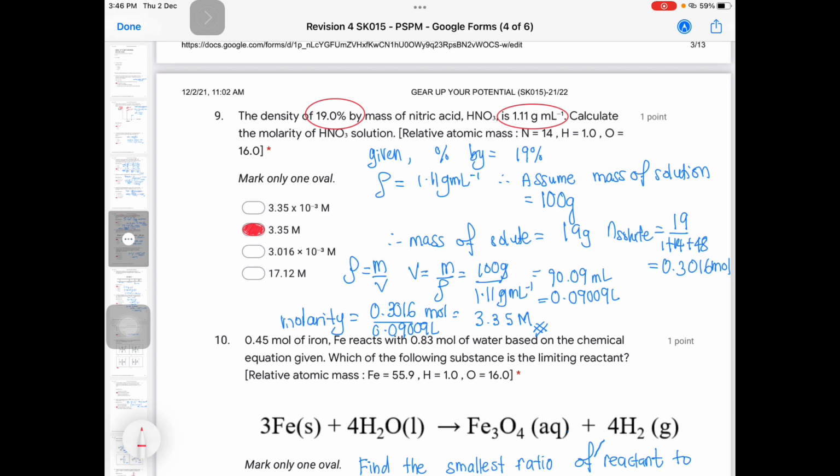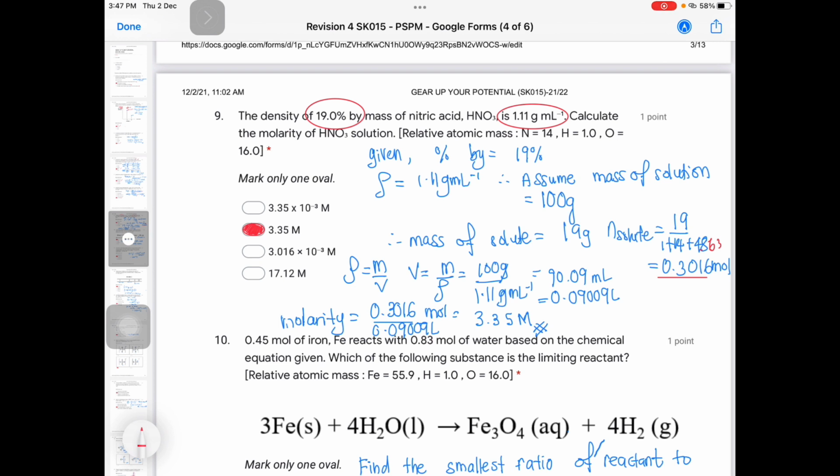Jadi kalau mass of solution is 100 gram, jadi mass of solute is 19 grams. Jadi 19 over molar mass, there is 1 plus 14 plus 48, 63. So kita dapat 0.3016 mol. Jadi dapat bilangan mol. Okay, kita nak cari volume pula.